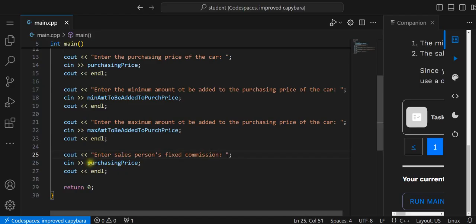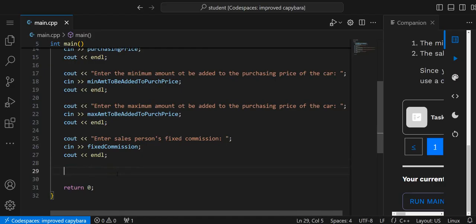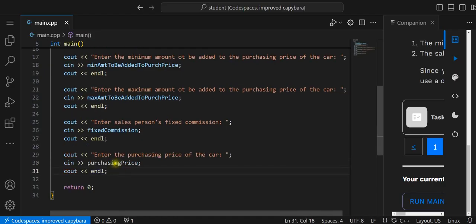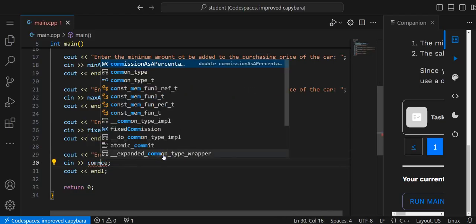And fixed commission will be here. Now let's enter the percentage of the commission. It's going to be commission as a percentage.